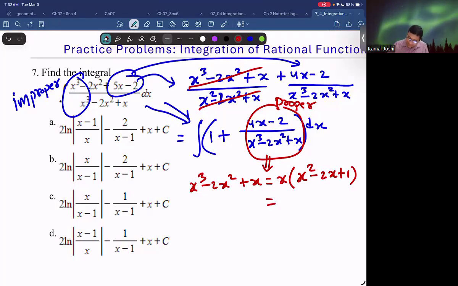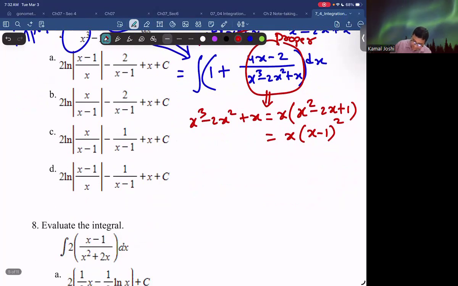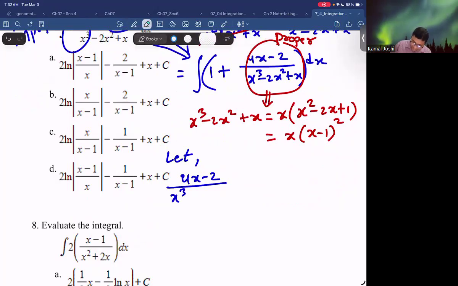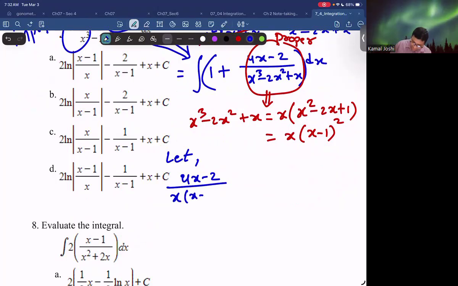And then when you see x square minus 2x plus 1, you should be able to see that it is x minus 1 whole squared. a square minus 2ab plus b square. Okay. So that means you have to let, okay, that 4x minus 2 over, actually let me write the factored form, x times x minus 1 whole squared be equal to a over x, and then there is a whole square.